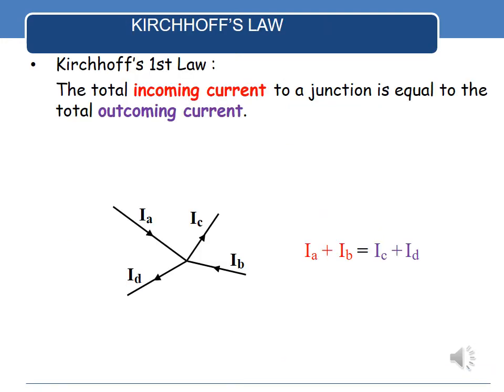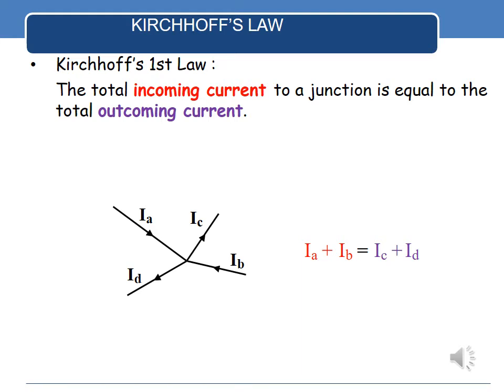A simple closed circuit must follow Kirchhoff's laws. We have two Kirchhoff's laws, the first and the second. In Kirchhoff's first law, the total incoming current to a junction is equal to the total outgoing current.